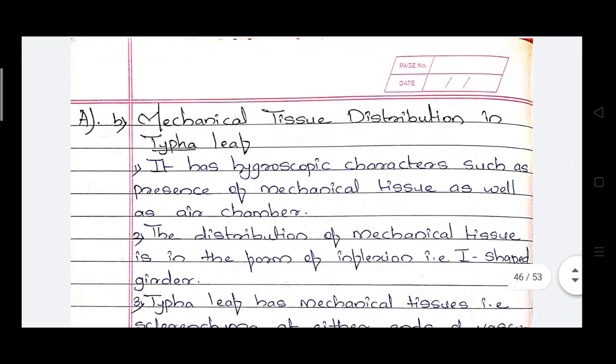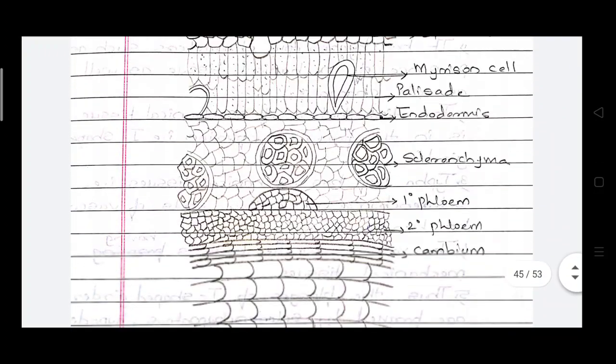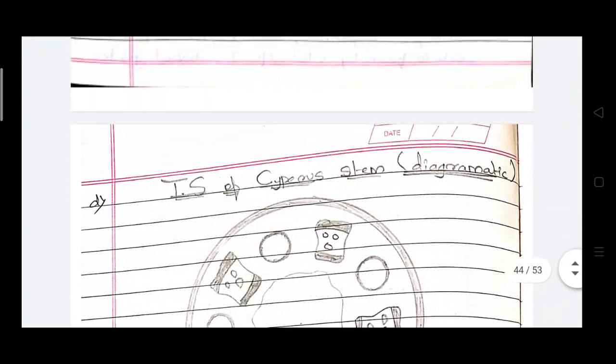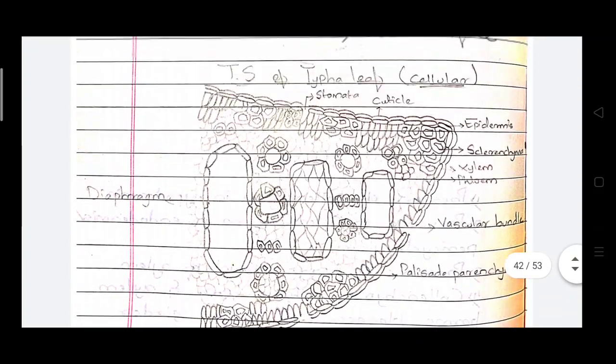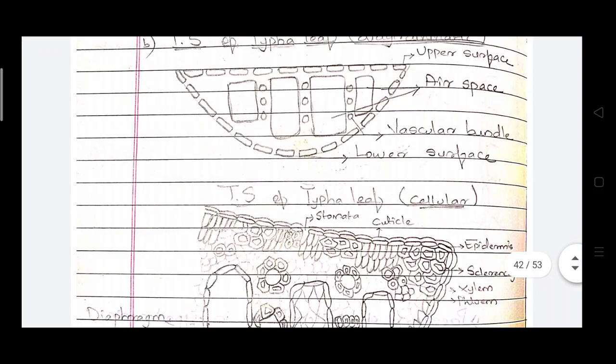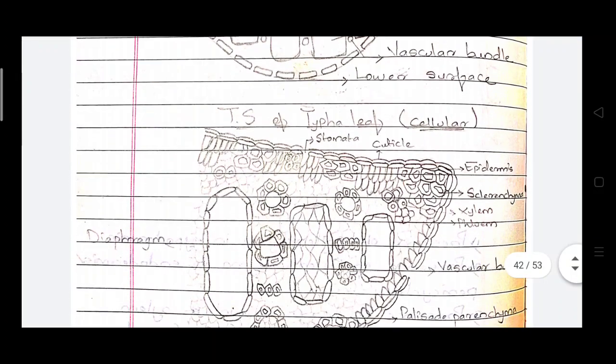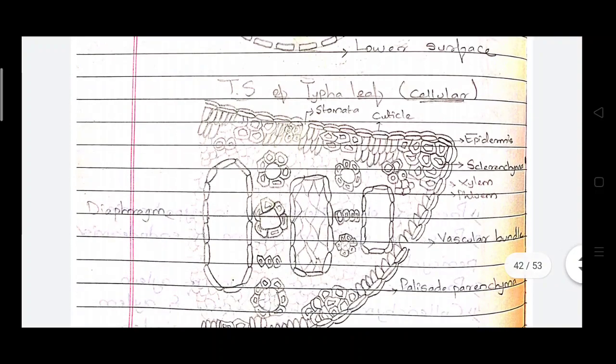It is very simple, but this Typha leaf is characterized by its hygroscopic characters, the presence of air spaces and the mechanical tissue. An I-girder is formed from the sclerenchymatous cells, hypodermis, and the vascular bundles.